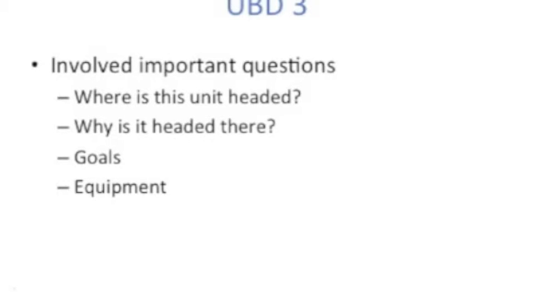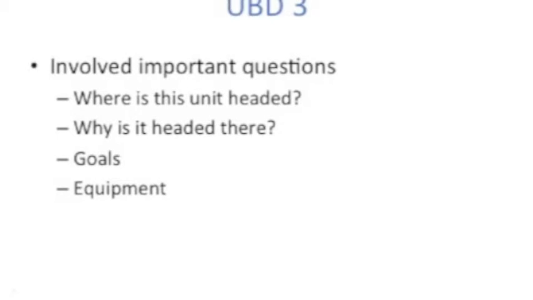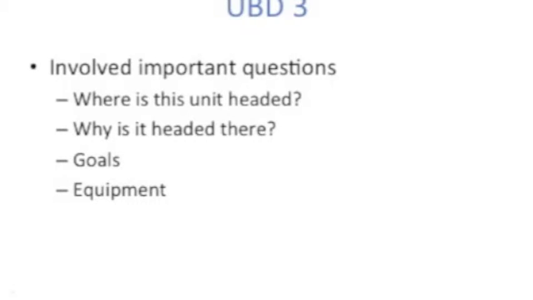So the first question, where is this unit headed? Students will be shown a timeline on the first day of the first lesson, and this timeline will include important dates and important wars, mostly of stuff that led up to the Civil War or the causes of the Civil War, which I like to call the origins of the Civil War.